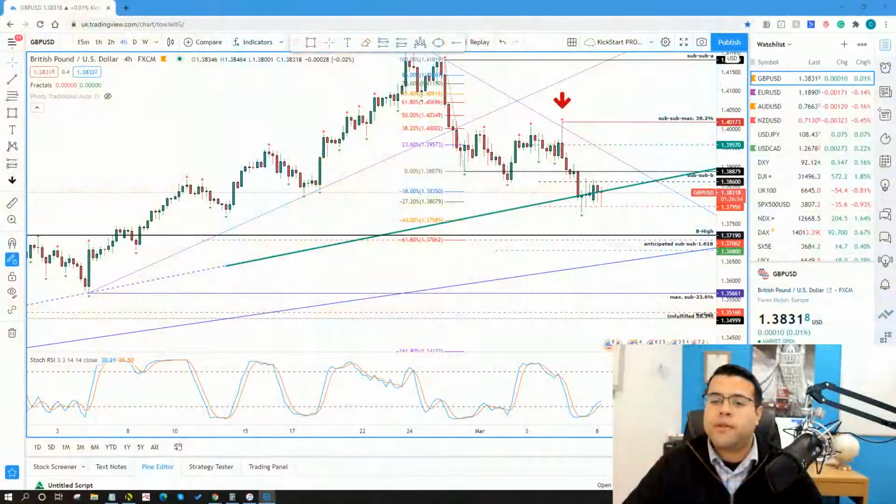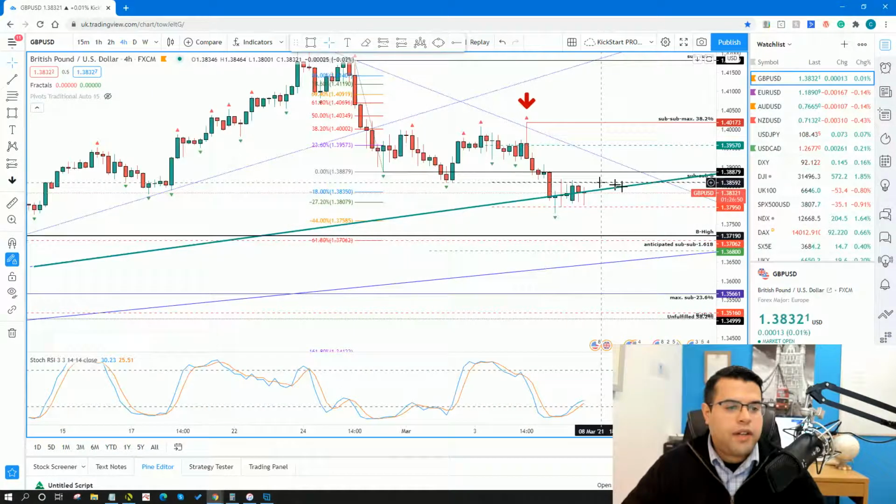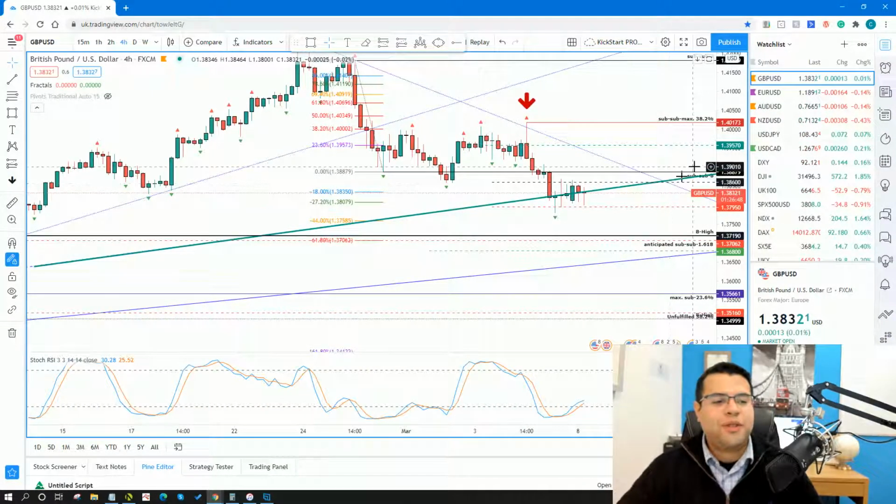All right, everybody. So, as I mentioned, it does appear that we're looking at a bit of pound strength, with exception to the pound dollar. So let me go ahead and share my screen with you. You can see here, we're starting off with the pound dollar as we customarily do.